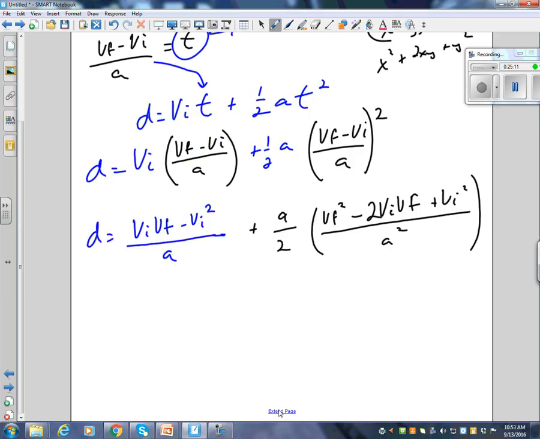Alrighty. Now, I can take this A over 2, and I'm going to multiply that in over here. Do you see the A on top? Guys, stay with me. Do you see the A on top and the A squared on the bottom? Right? Cancel a little. Because I've got one A on top, and I've got A times A on the bottom, so I cancel an A on the top and an A on the bottom, and I'm left with a single A on the bottom.